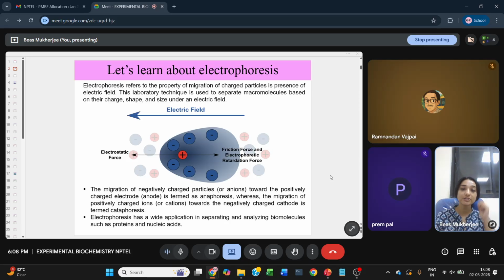The migration of negatively charged particles or anions towards the positively charged electrode or anode is termed anaphoresis. And exactly the opposite behavior, which is migration of the cations towards the cathode, is called cataphoresis. Electrophoresis has a very wide application in separating and analyzing biomolecules such as proteins and nucleic acids.